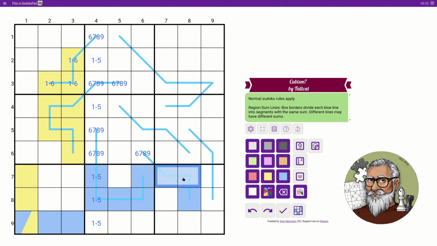But I think you can't have 6 in general, because 6 would mean that we're repeating 1, 2, 3 here, right? And this would be 1, 2, 3. But here we have 1, 2, 3 as well, and we can only repeat 1.